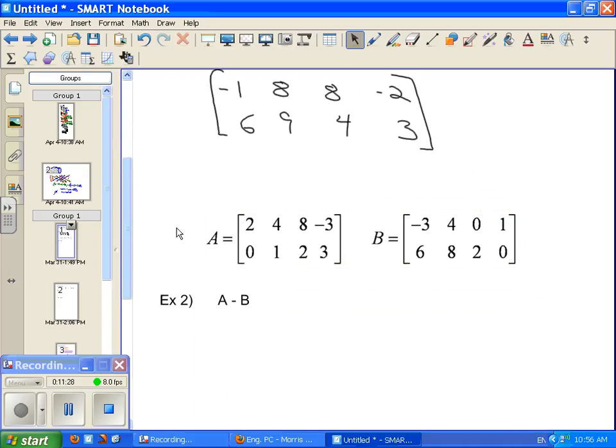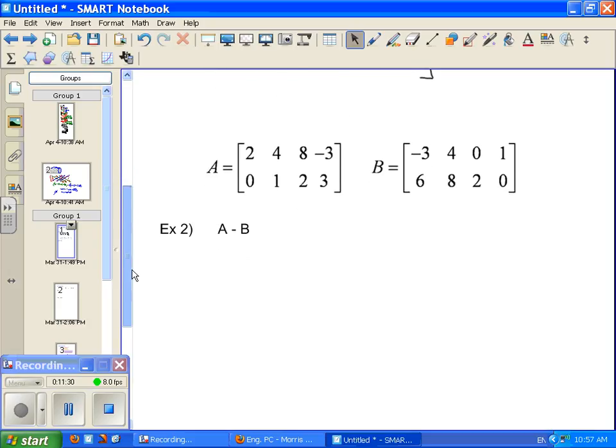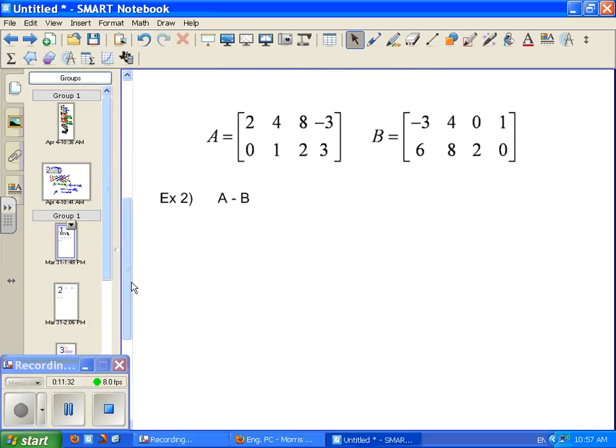Okay, so when I subtract them, it's really done the same way. Just a minus in between. So A minus B: 2 minus a -3 is 5. 4 minus a 4 is 0. 8 minus 0 is still 8. -3 minus 1 is -4. 0 minus 6 is -6. 1 minus 8 is -7. 2 minus 2 is 0.